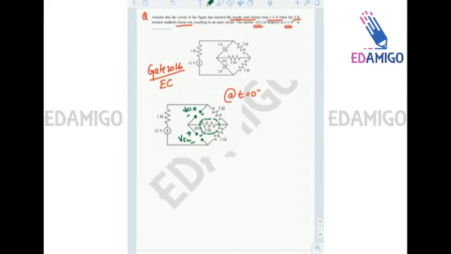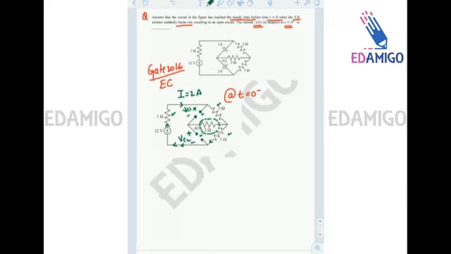So no current will flow through this 2 ohm resistance. The current will flow from the 12 volt battery through a 1 ohm resistance, a 2 ohm resistance and a 3 ohm resistance, and the circuit will be completed. The total resistance is 6 ohms, so the current will be 2 amperes.